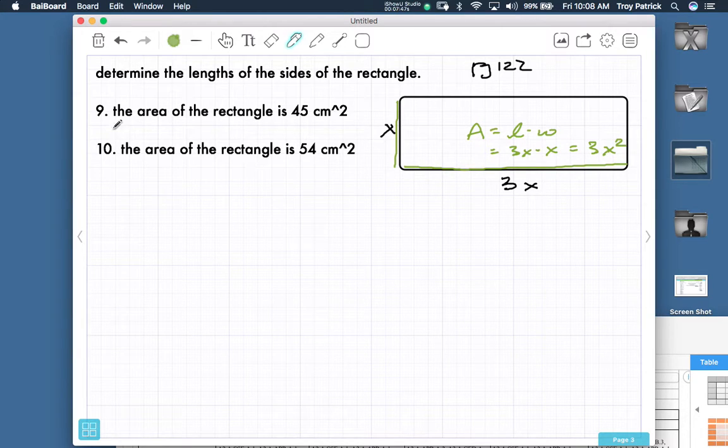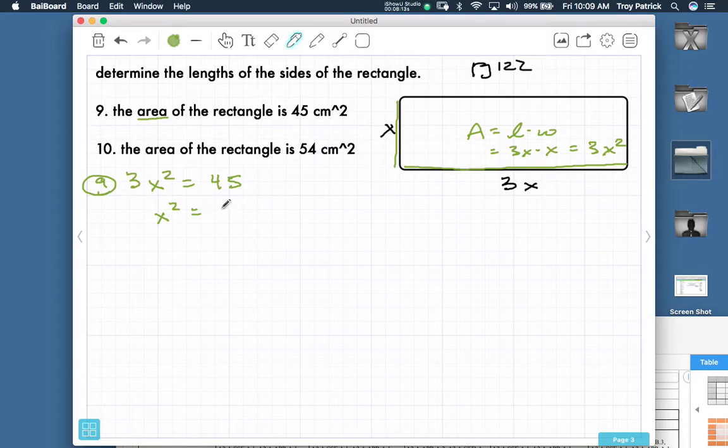That should be easy. Now, number 9. The area of the rectangle is 45 centimeters squared. Find the lengths of the sides of the rectangle. Okay, so if the area is 45 centimeters squared, that means that the area being 3x squared, this is number 9. If 3x squared is the area, and the area is equal to 45 centimeters squared, we can solve for x.